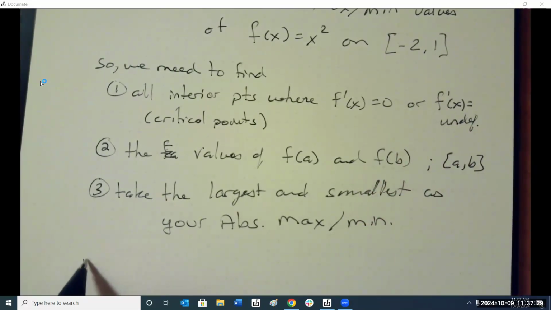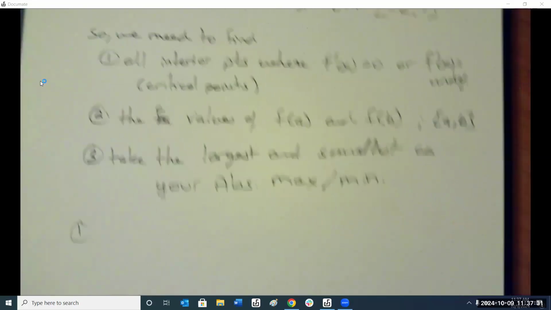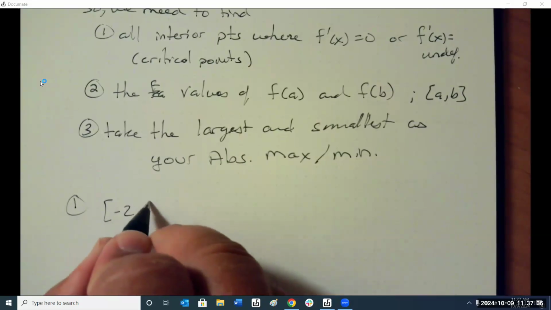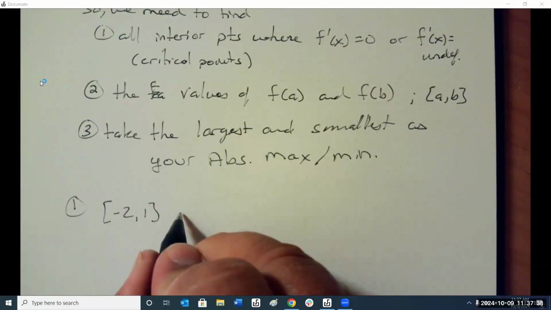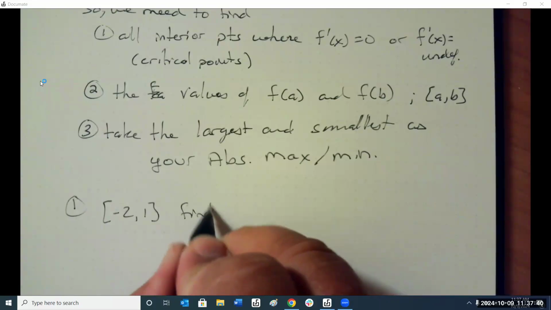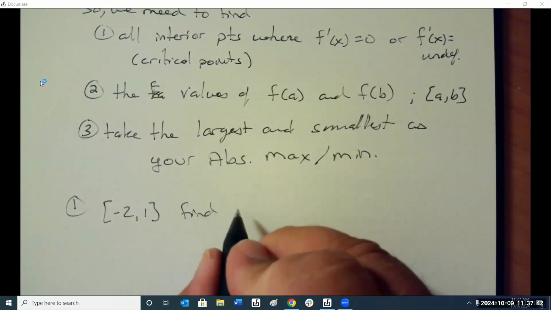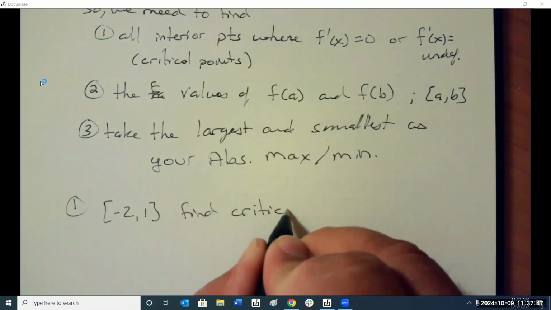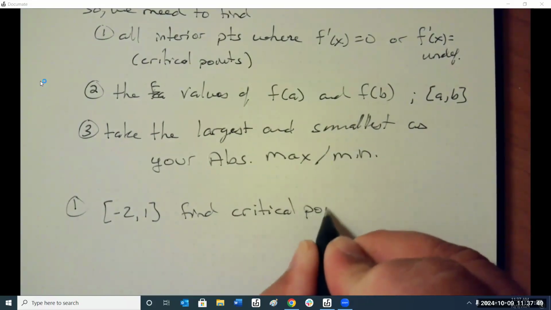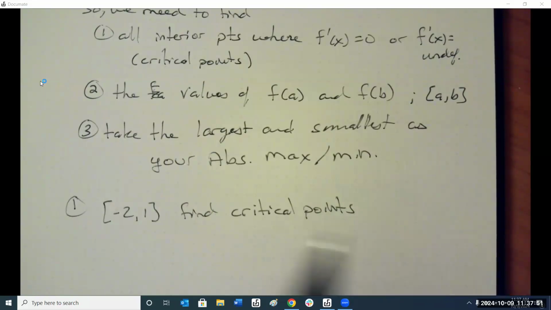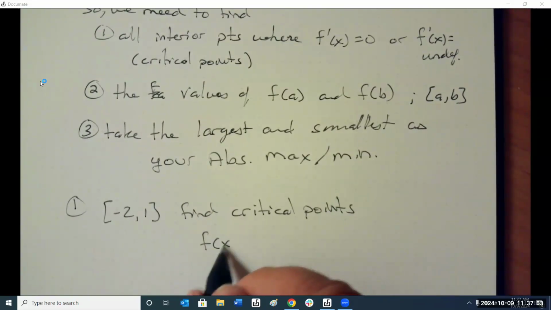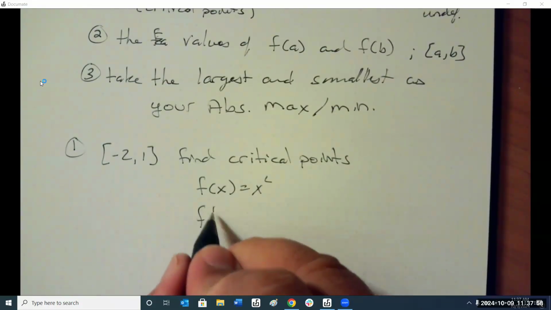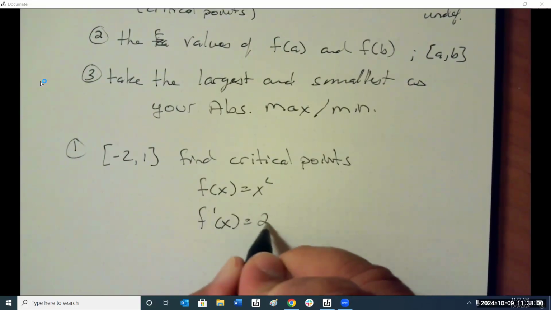So step 1. On the interval [-2, 1], f of x equals x squared, f prime equals 2x.